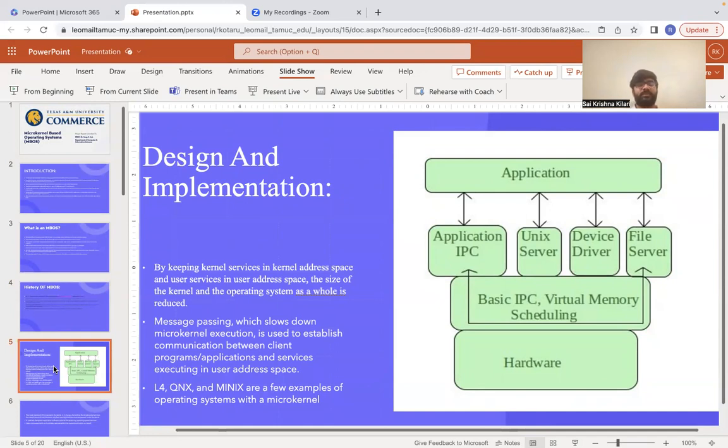Message passing, which slows down microkernel execution, is used to establish the communication between client programs and applications and services executing in user space.